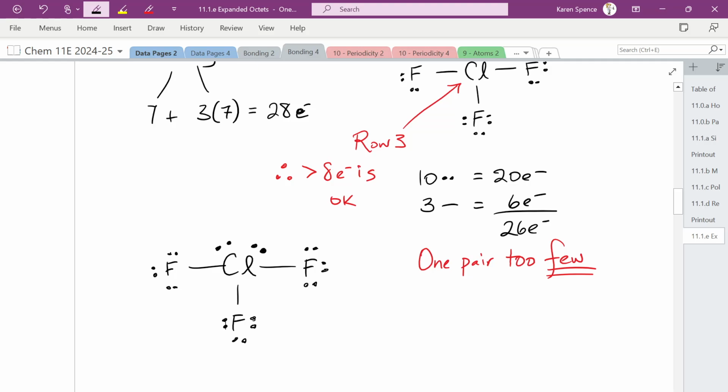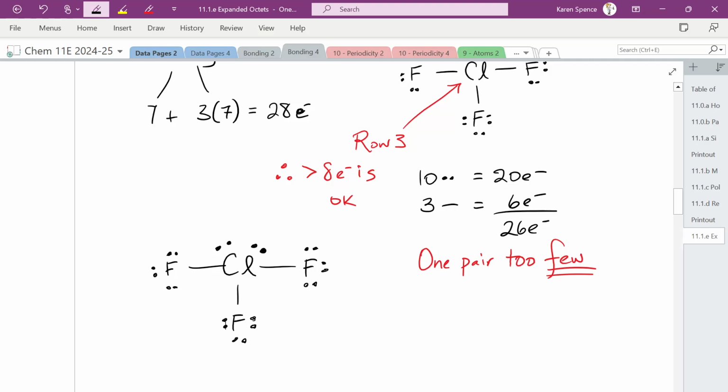So you just add another pair to Cl because it's okay to do that. And now Cl has 10 electrons. Do all your other checks. Make sure fluorine only has 1 bond, right? Make sure you don't have any singleton electrons.